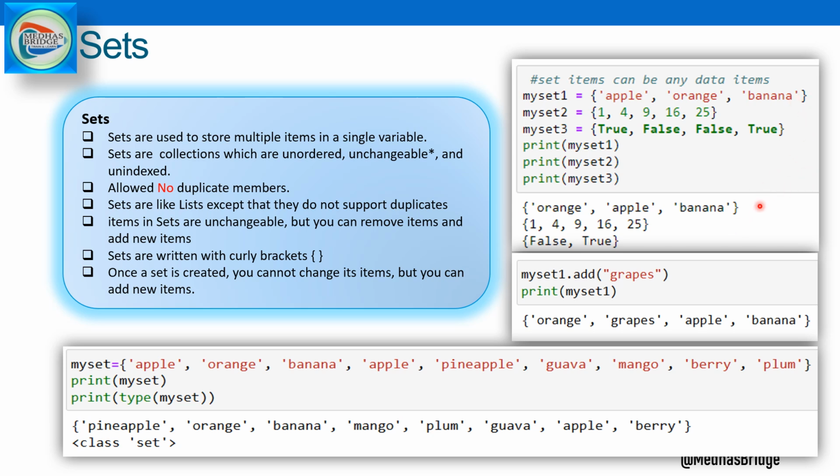What does it mean? There is no guarantee that a set maintains order. Observe set 3. Sets do not allow duplicates. Hence, the output displays only unique values.